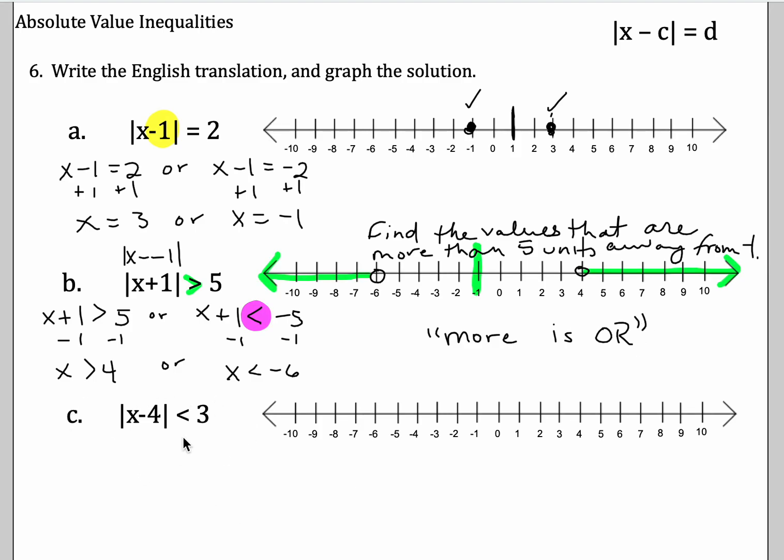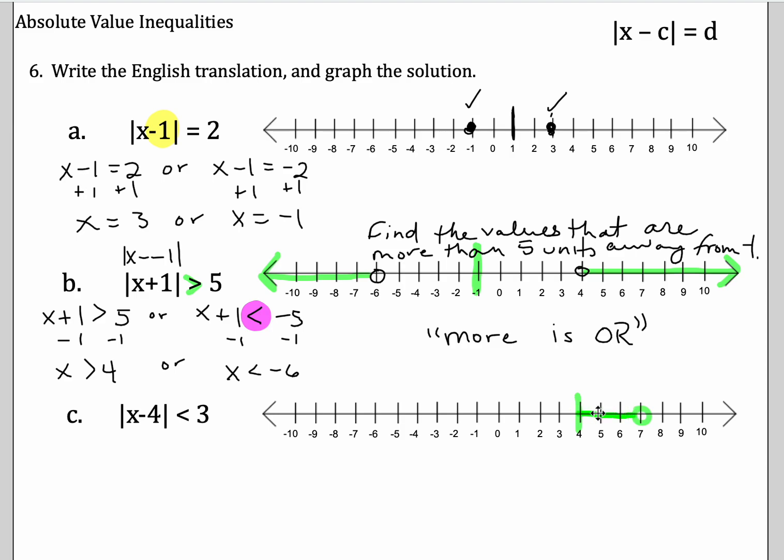For this last one, we've got the absolute value of x minus 4 is less than 3, meaning that the distance away from 4 on this number line, 4 being our center, is less than 3 steps away. 1, 2, 3 up.